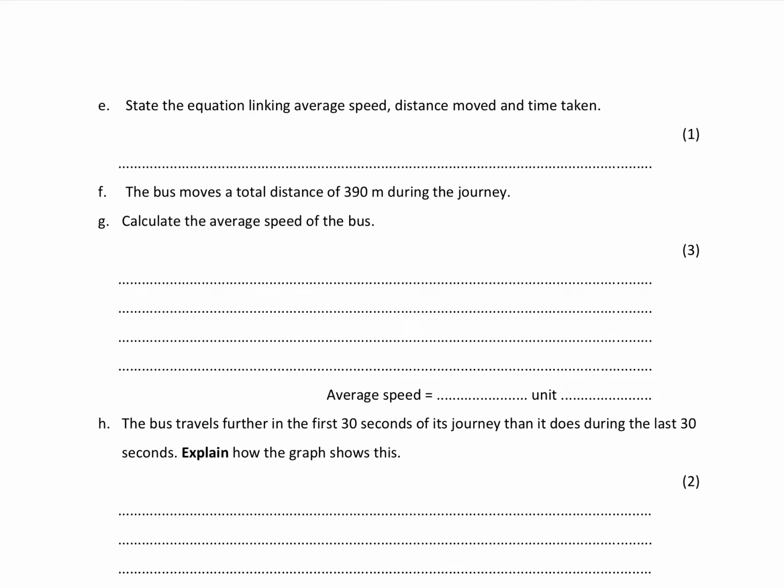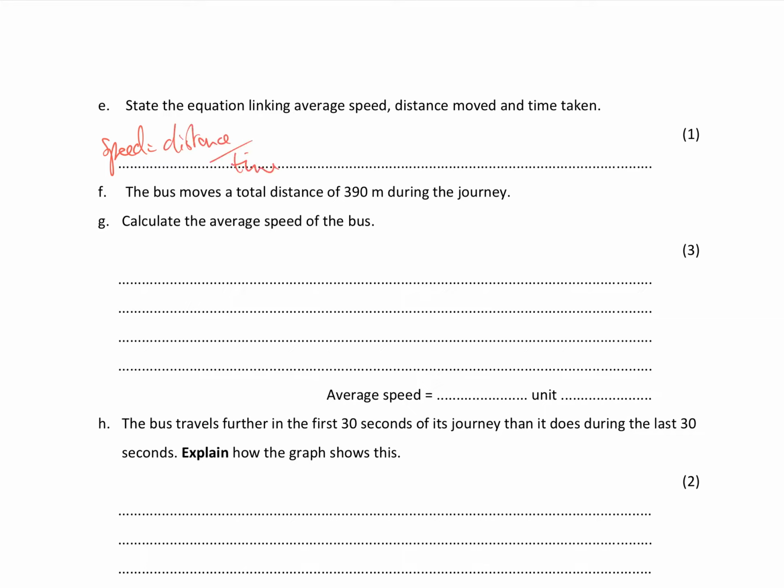The next part's asking: state the equation linking average speed, distance, and time. So I imagine most would probably write something like speed is distance over time.